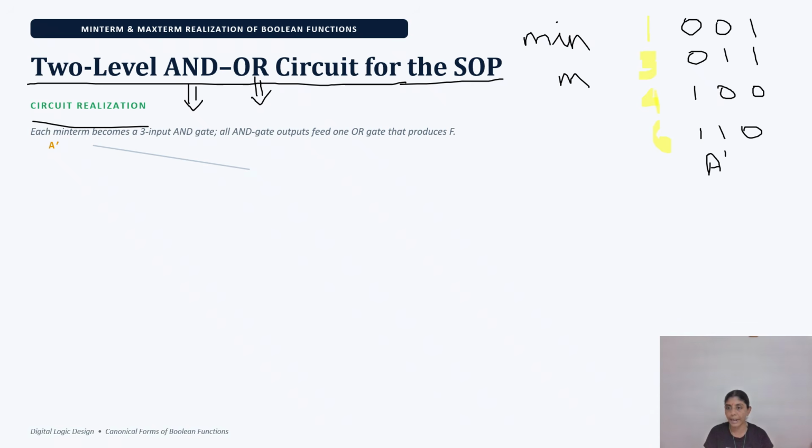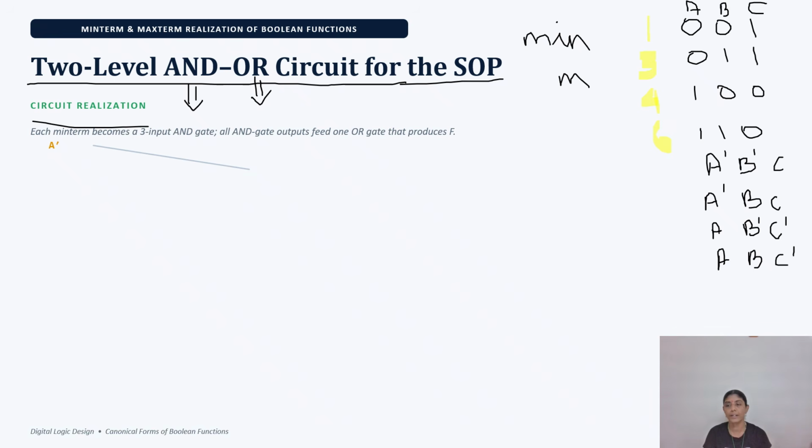So here it is A dash, B dash, C. What is the next term? A dash, B, C. What is the next term? A, B dash, C dash. What is the next term? A, B, C dash. Because what is your input? I am writing here. Your input is A, B as well as C.